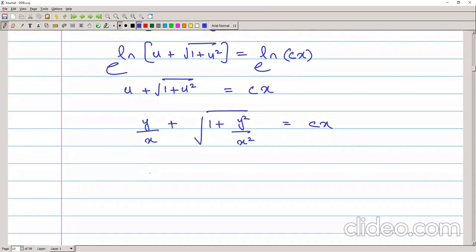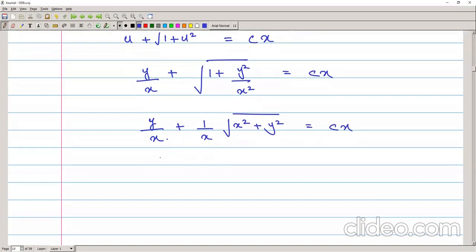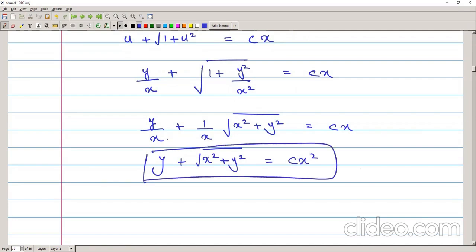You can simply take out 1 over x outside. We're left with y plus the square root of x squared plus y squared is equal to cx, and move this x to the right side. So we're left with this function is equal to cx squared, and this is the solution for the given differential equation.